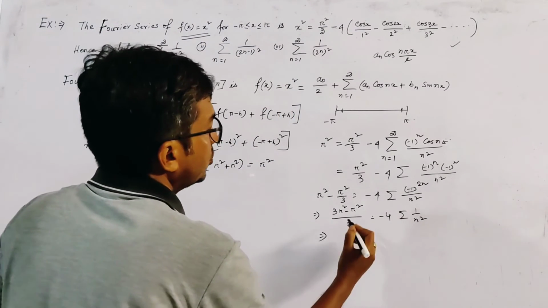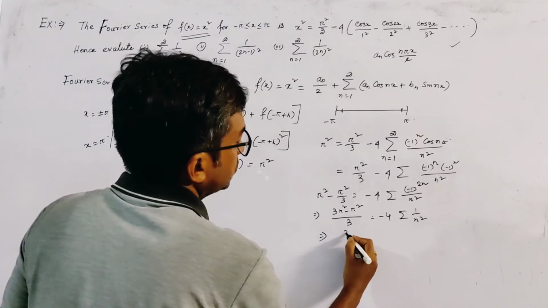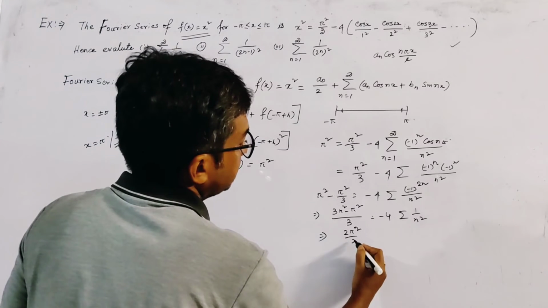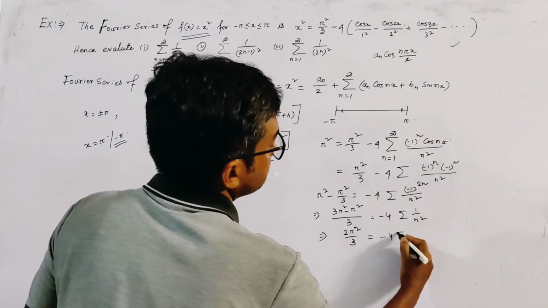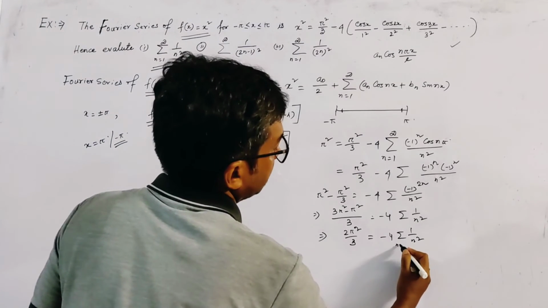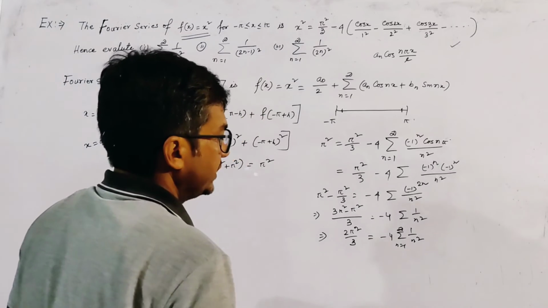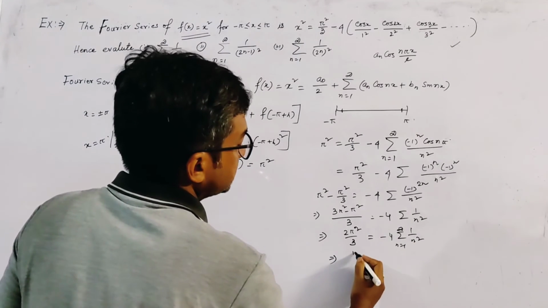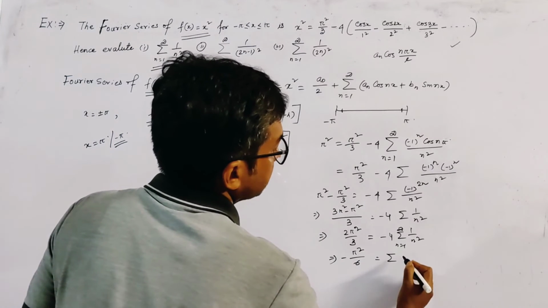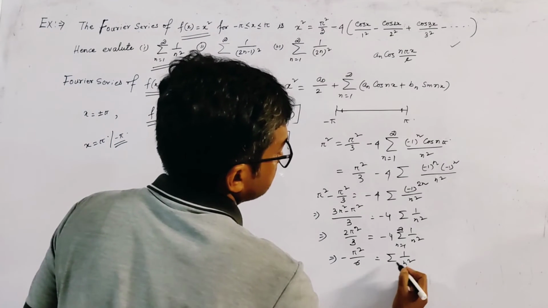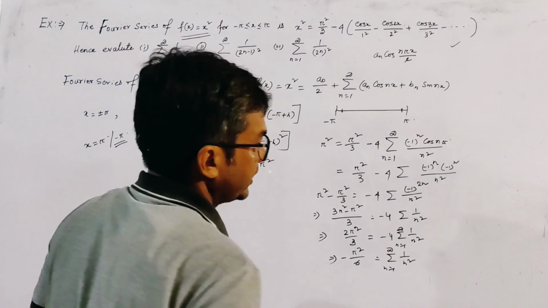So we get 2 pi square by 3 equals minus 4 into summation 1 by n square for n equal to 1 to infinity, and this gives pi square by 6 and summation 1 by n square, n equal to 1 to infinity.